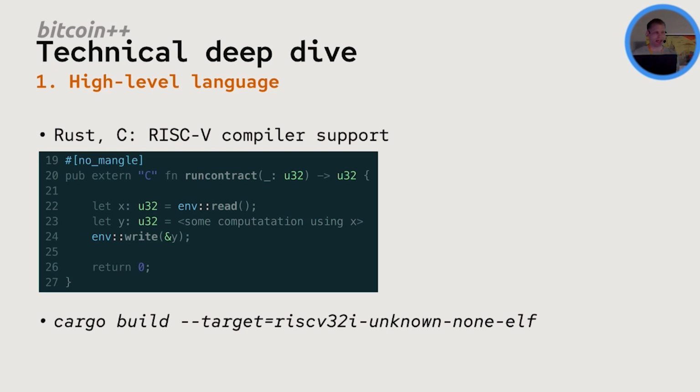This one will just read some integer from standard input. This is what's going to be put on chain when you are emulating that you're running this thing on chain. You're going to do some computation using this, and then you're going to write the output to standard output again. So it's much like writing a regular command line tool, really.